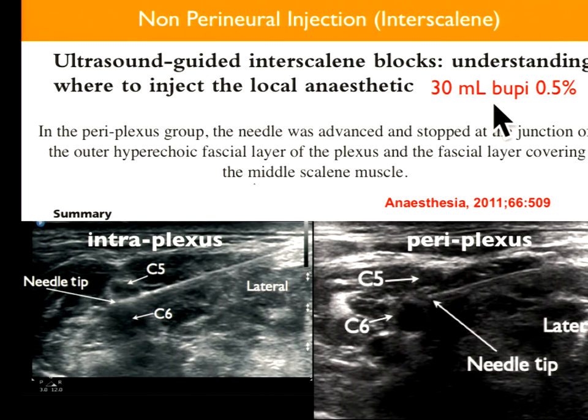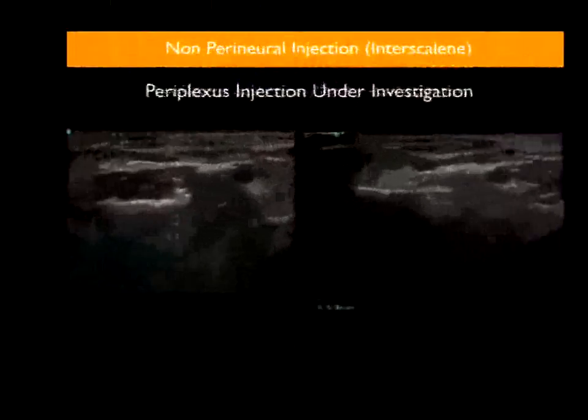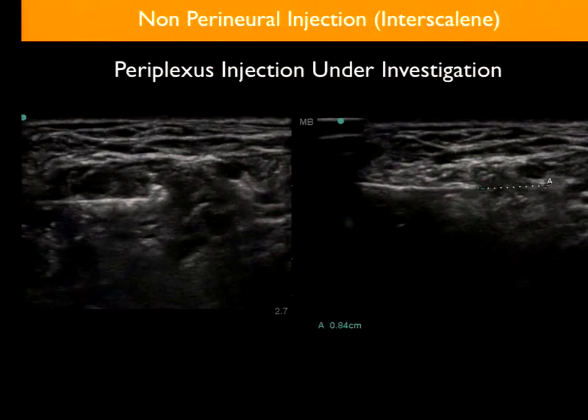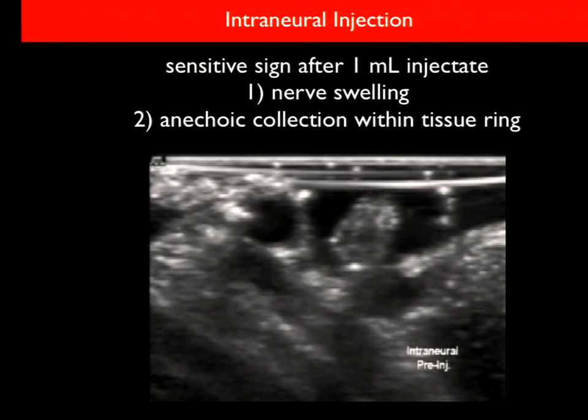And by injecting such a big volume, they get a good block. And in our center, a study is being done, there are 2-3 investigators in the audience, and we're looking at the needle now. This is 0.84 centimeter away from the nerve, and we still get a block. So perhaps with big volume, as long as the spread of local anesthetic is towards the nerves, immerse the nerves, then we are getting a good block.